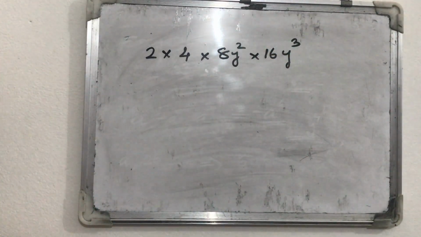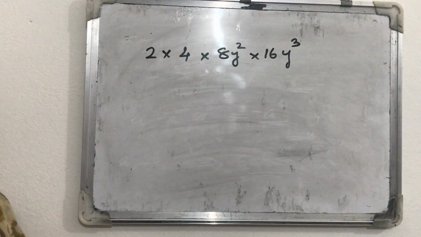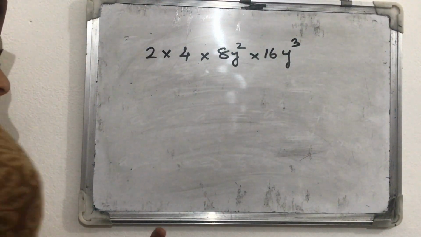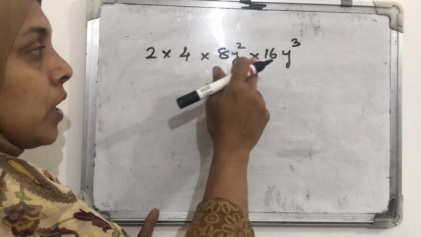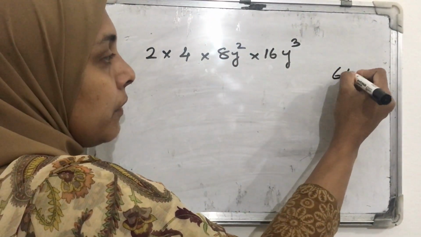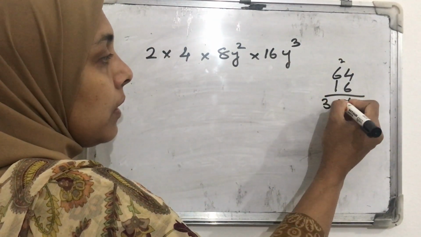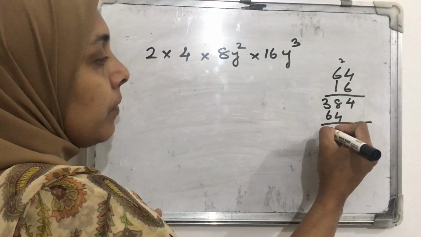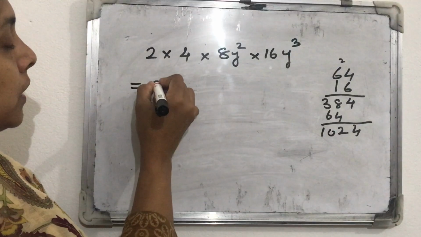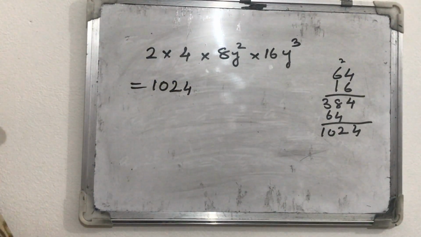So first we find out the product of the coefficients. 2 into 4, 8. 8 into 8, 64. 64 we are multiplying with 16. Coefficient will be 1024.